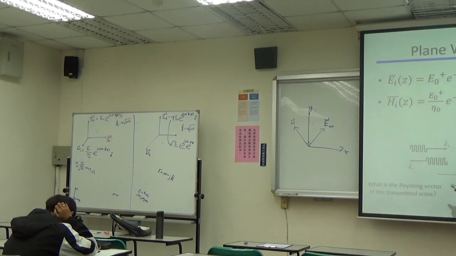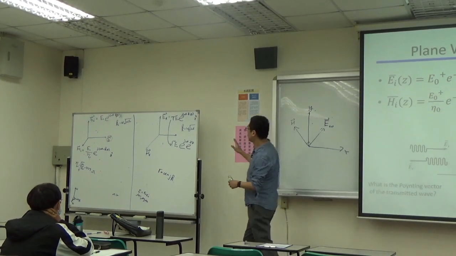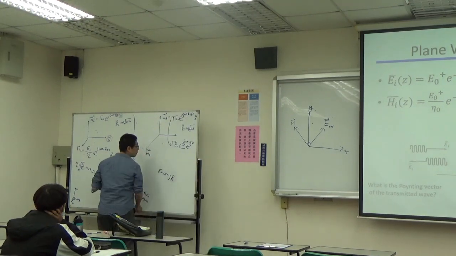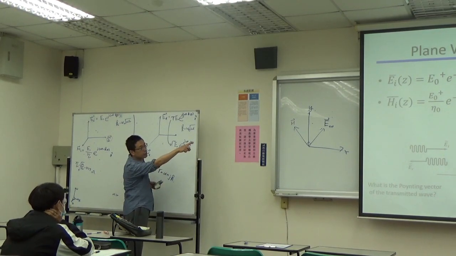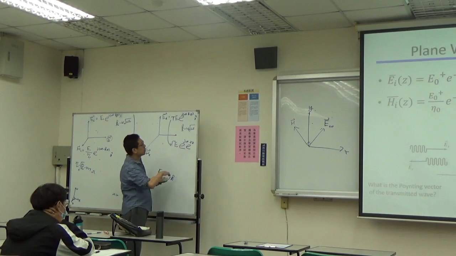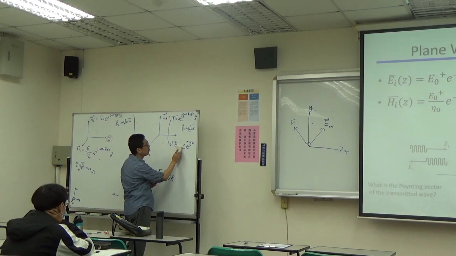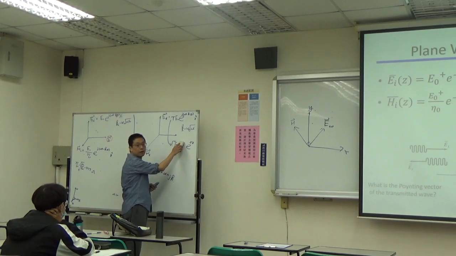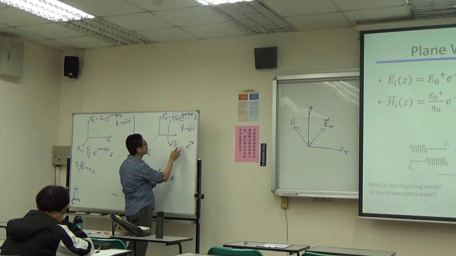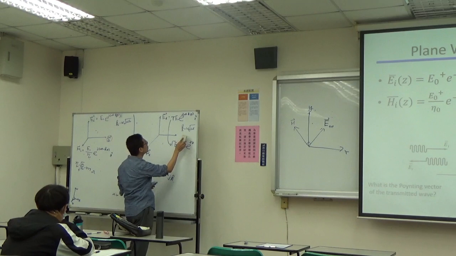I write down this one because this is easy to understand. So if that is a lossy case, I use the gamma z, and in a textbook they don't put the t there. So here I use this part.